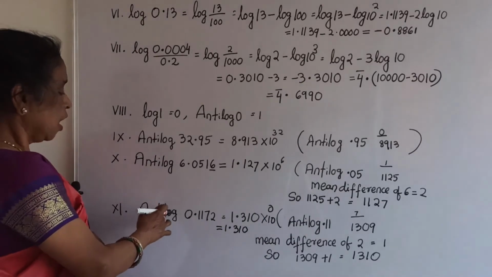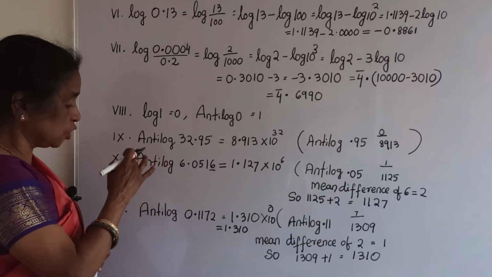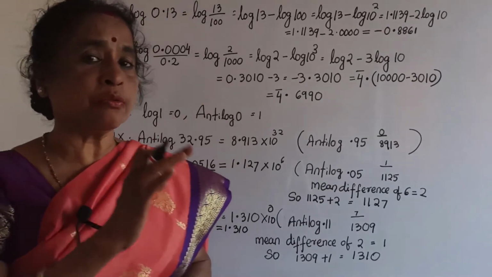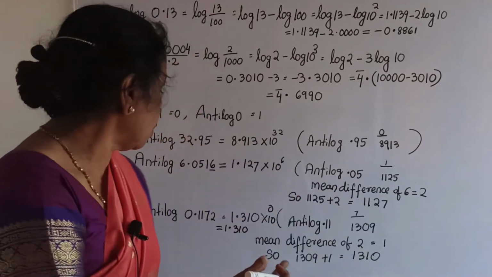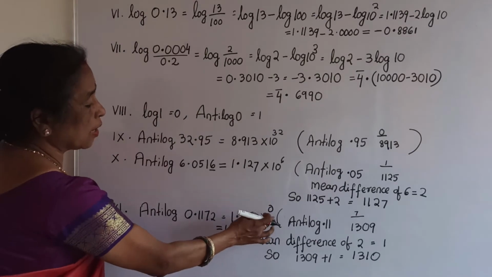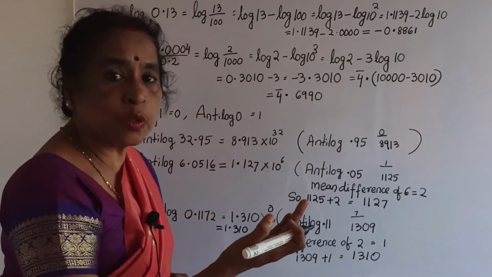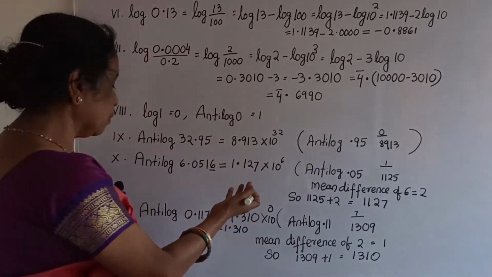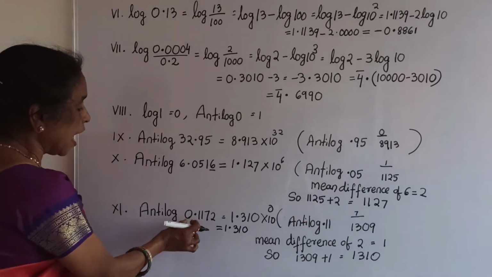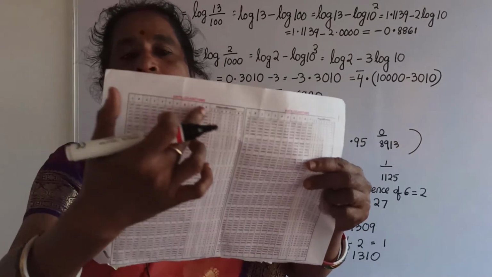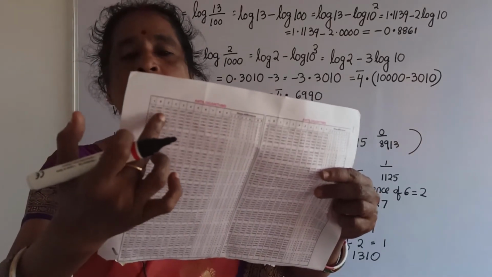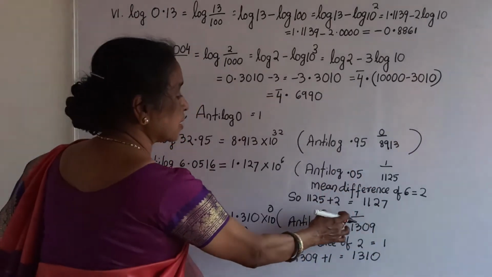Then come to anti-log of 0.1172. Before the decimal, 0 is there, so you can write 10 to the power 0. What is meant by 10 to the power 0? That value is equal to 1. So you see anti-log of 0.11. See here, this is anti-log of 0.11 and here that value 7.